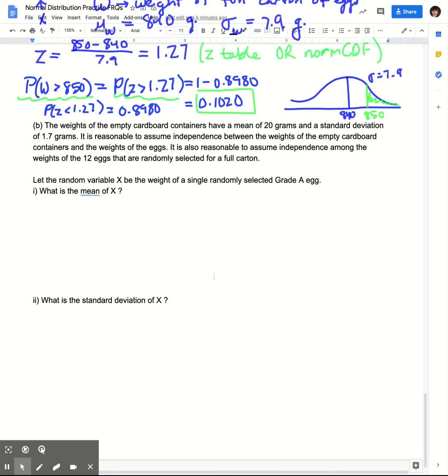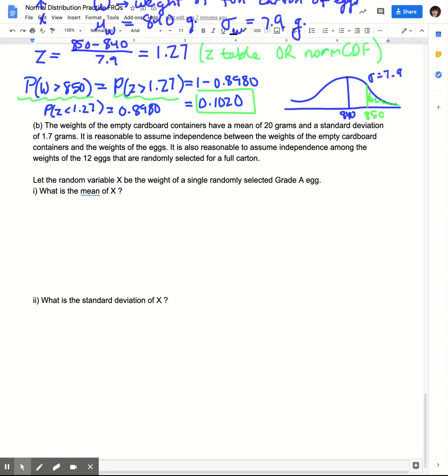All right, let's look at part B, which is a little bit tricky, but the actual math involved is not too crazy. They say the weights of the empty cardboard containers have a mean of 20 and a standard deviation of 1.7. They say it's reasonable to assume independence between the weights of the empty cardboard containers and the weights of the eggs, meaning that if I have a slightly heavier cardboard container, that doesn't mean I'm going to have slightly heavier eggs.